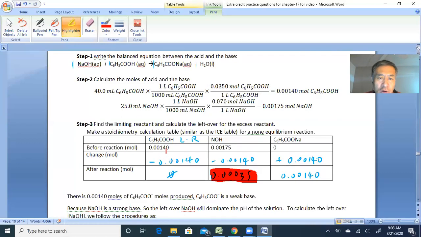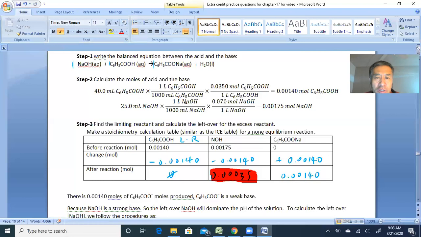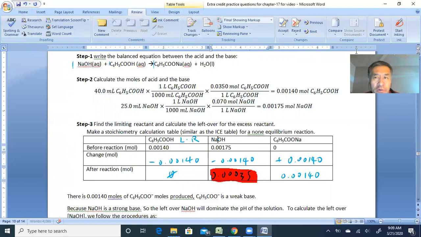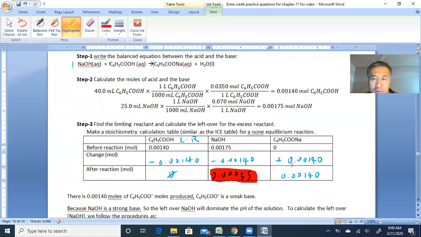So the initial mole of the limiting reactant is 0.00140, and therefore the change is negative 0.00140. The same change applies for the other reactant because they have a 1-to-1 ratio. Then the change for the product is also 1-to-1, but with the plus sign.